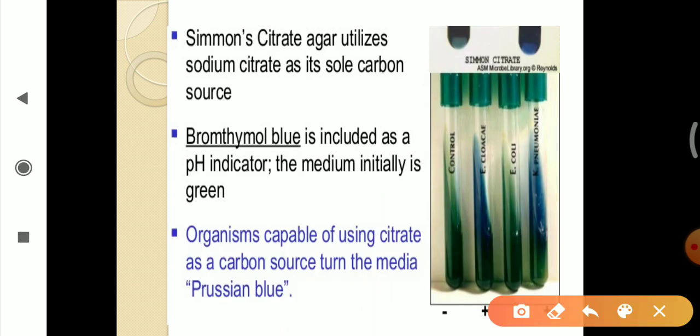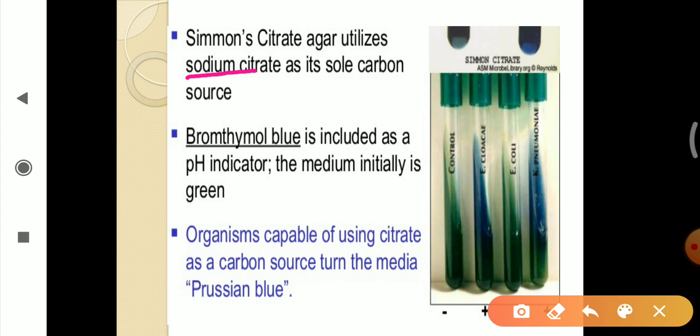Now we will discuss the principle of the citrate utilization test. As we know, the single source of carbon in the medium is sodium citrate. Sodium citrate is the sole source of carbon in the Simmons citrate agar slant.